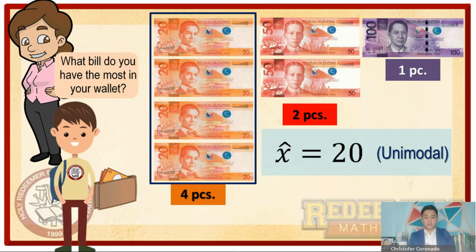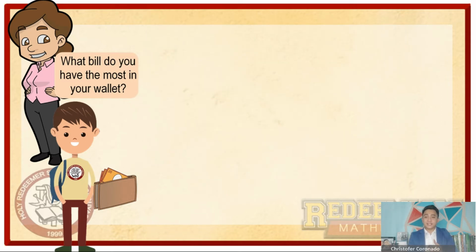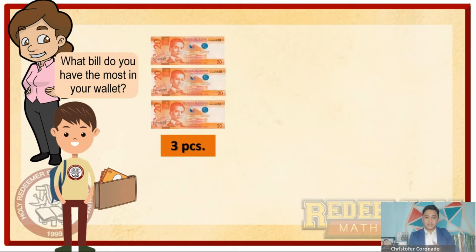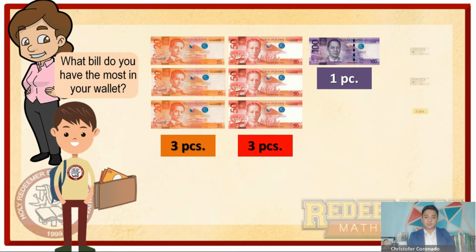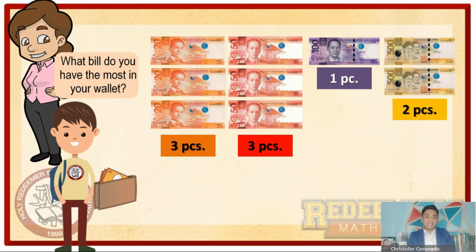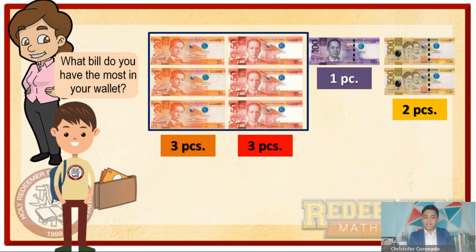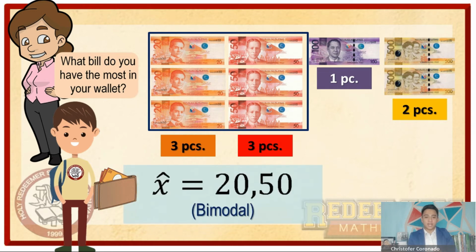Another scenario may be you have 3 20 peso bills, 3 50 peso bills, 1 100 peso bill, 2 500 peso bills. So here, since 20 peso bill and 50 peso bill appeared both 3 times, hence, we have 2 modes, in which case, those are 20 and 50.